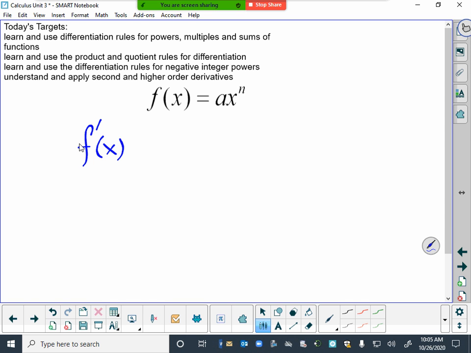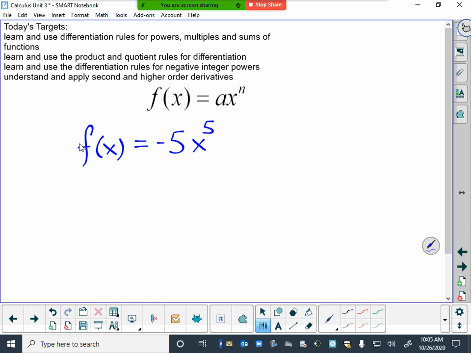Okay? And so we can describe that in several different ways. We'll do an example here of something, let's choose negative 5x to the 5th power, and figure out what the derivative of that is. So that's not the derivative yet.